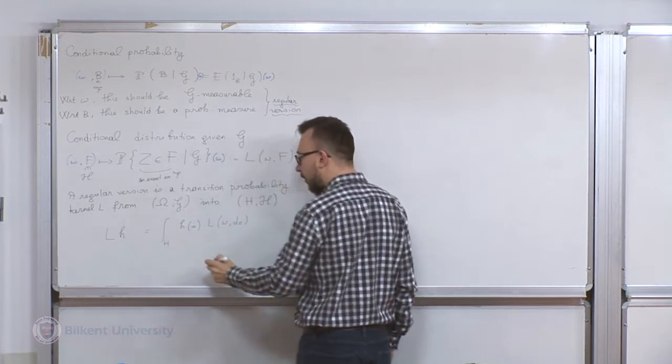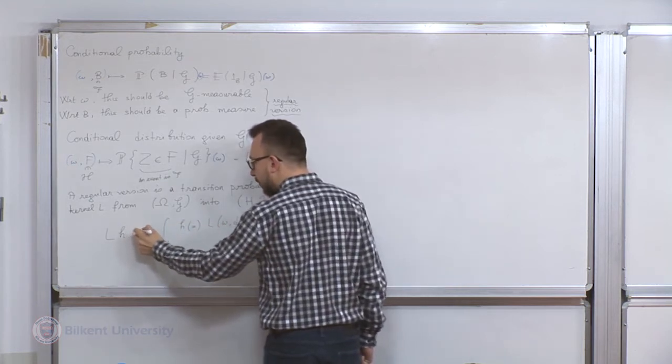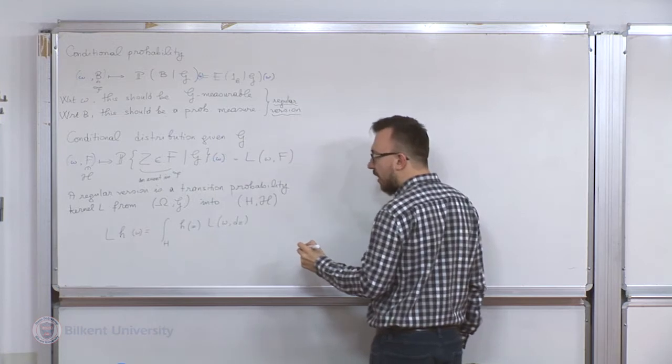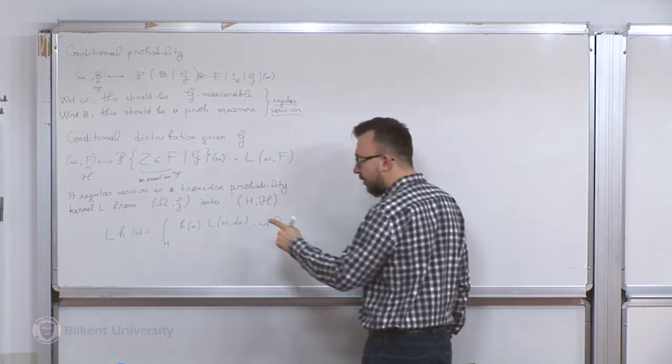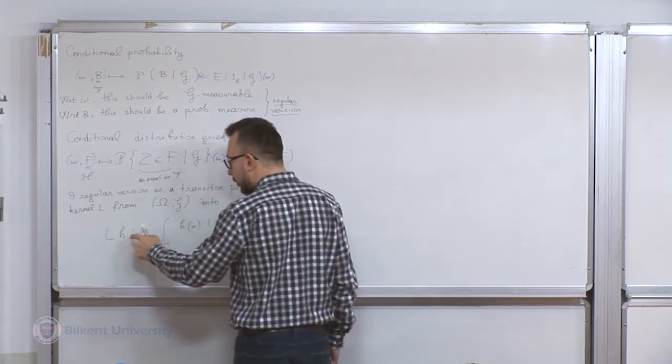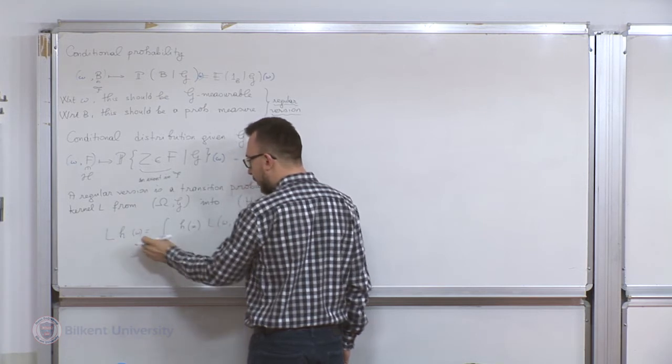So it is an integral over the space H. And because of the omega dependence, I should also put an omega here. So this is now a random variable. It is G measurable because the function part of L is G measurable.